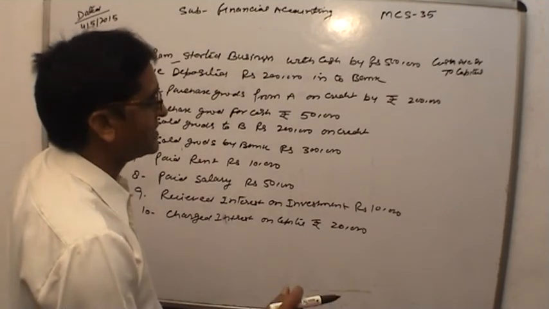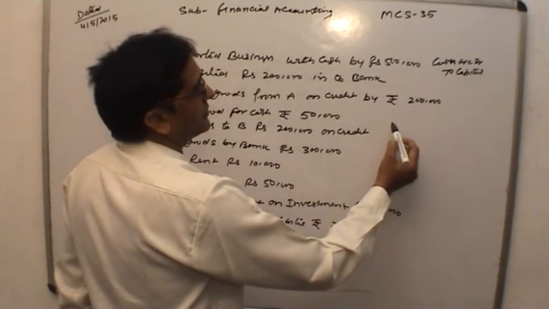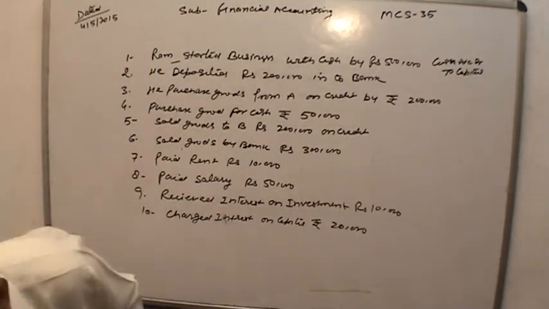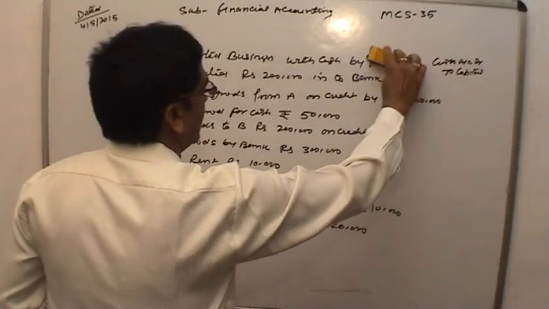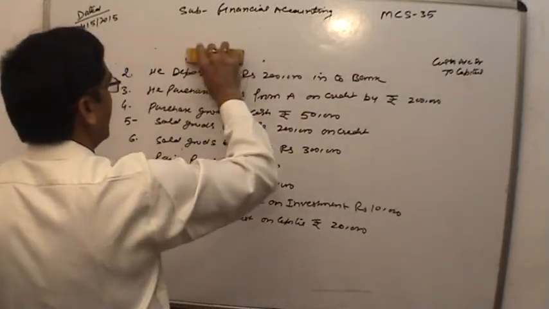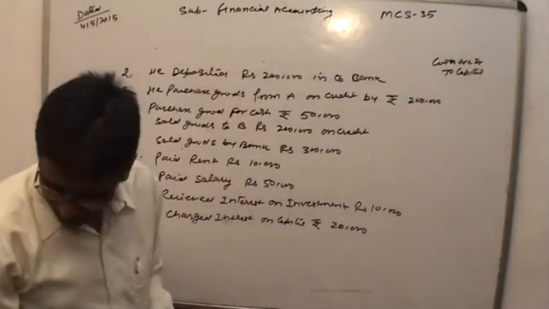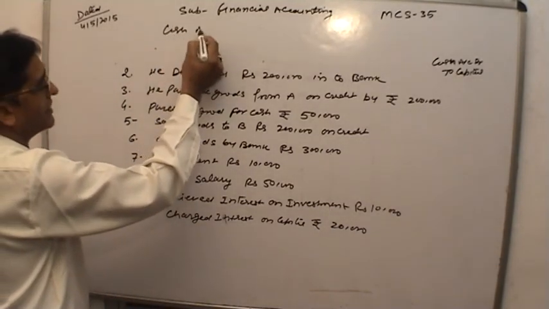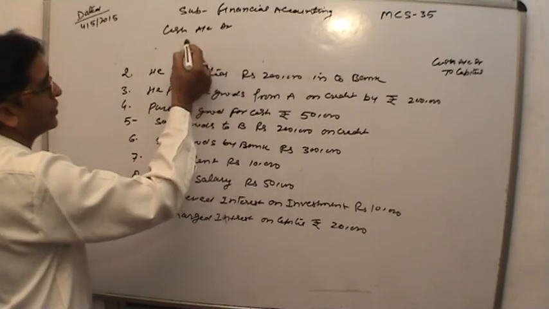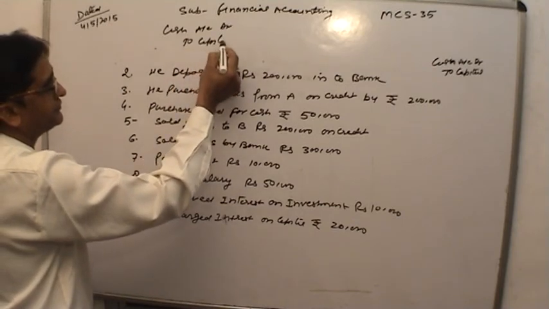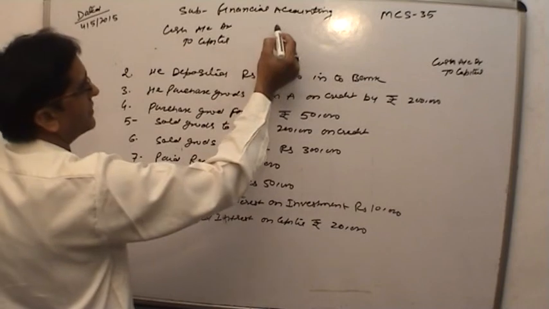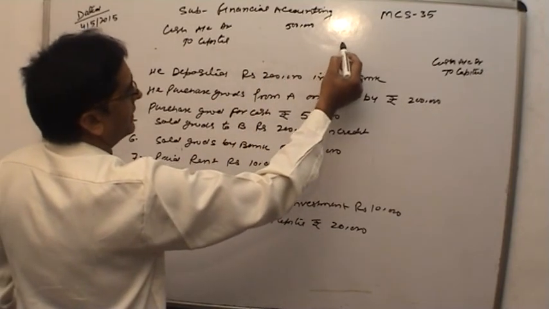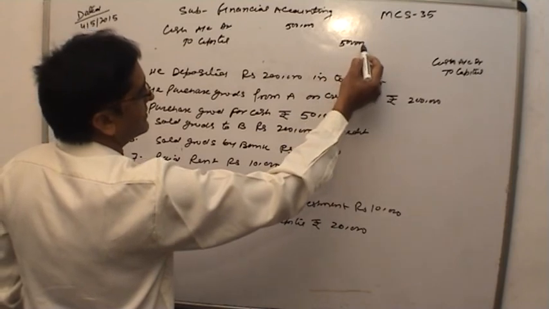So we can generalize this transaction as: first is cash account debit to capital by rupees 5 lakh, and in credit 5 lakhs.